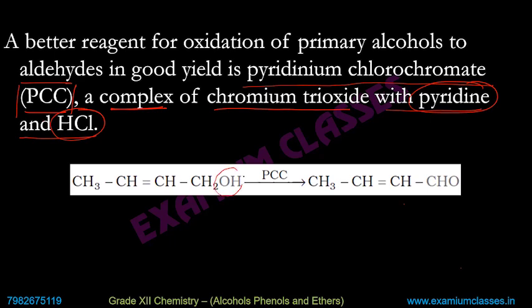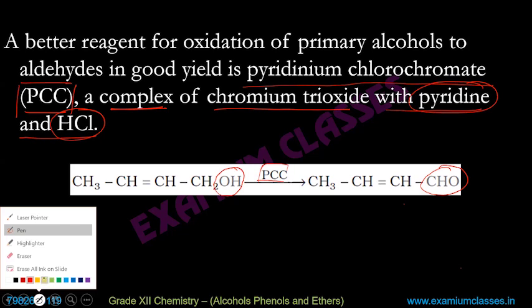So if it is primary alcohol, you use PCC, you get aldehyde. Remember, PCC does not have any effect on a double bond if present in the chain. Write it down somewhere. Very common question appears from here.